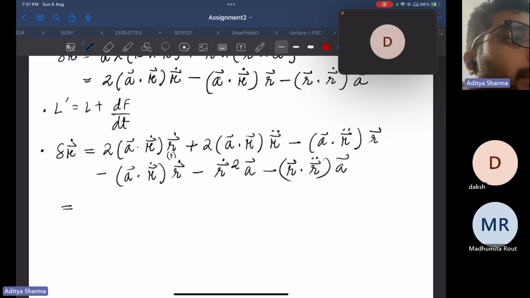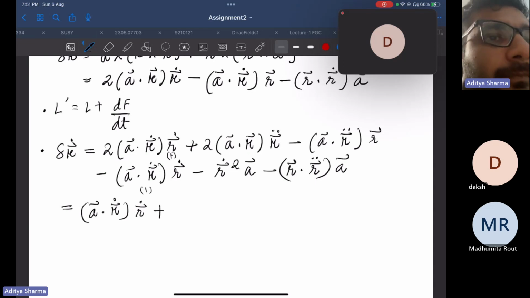This is one. This goes like this. Minus a vector dot. Is there any term? 1, 2, 3, 4, 5. It's 2.